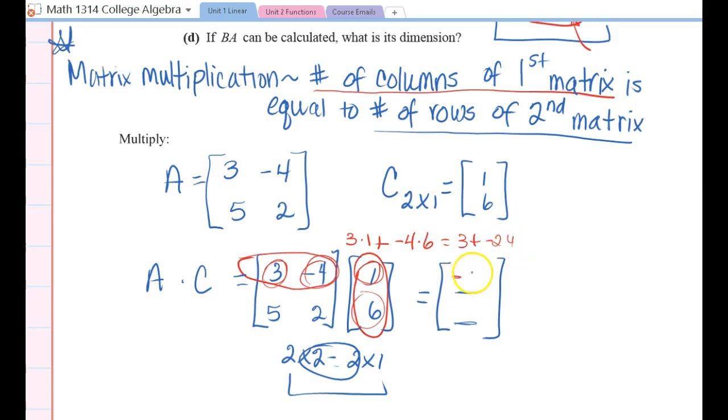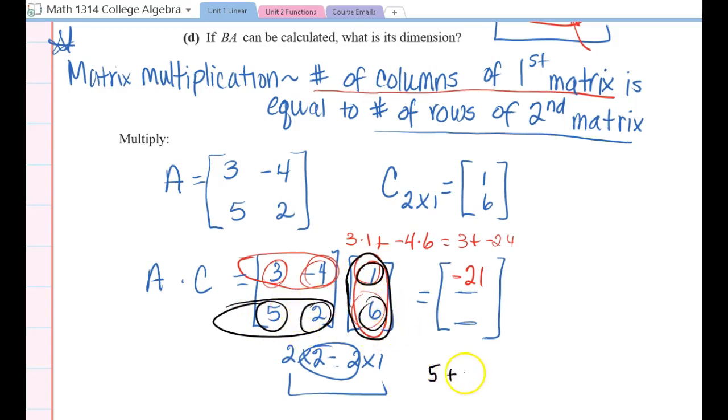So the answer is negative 21 right here. If you want to find the second one, then I multiply by the second row and the same column that we had before. So this time it will be 5 times the 1, which is 5, plus 2 times the 6, which is 12, and my answer will be 17 here. So that's how you multiply matrices.